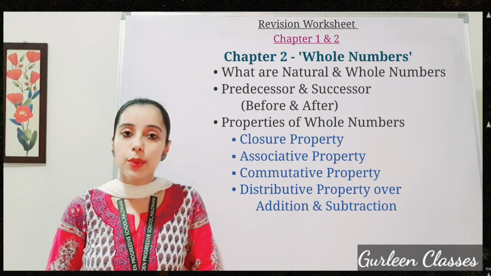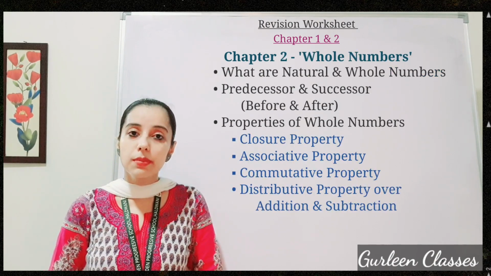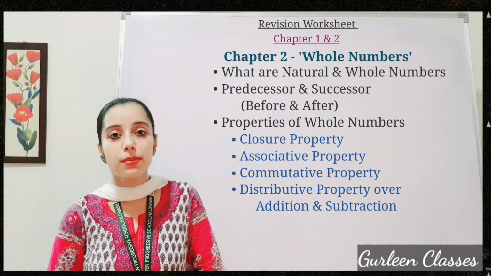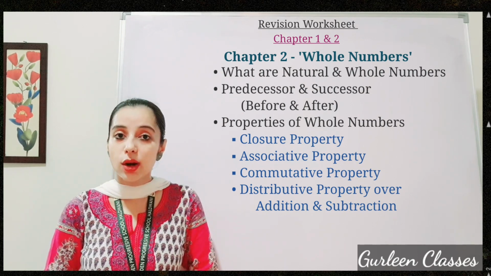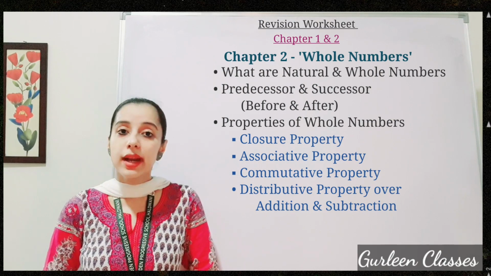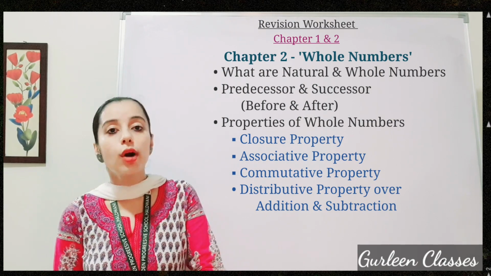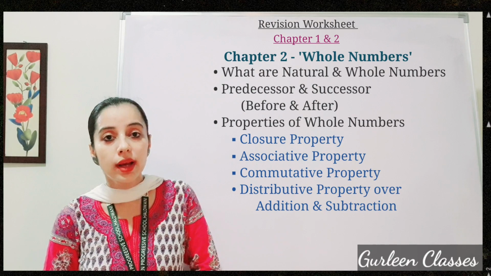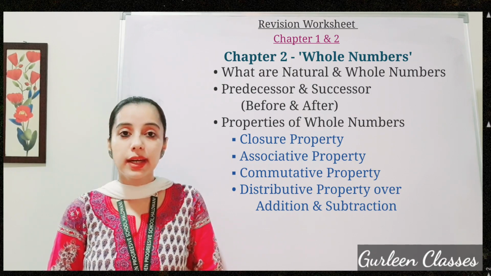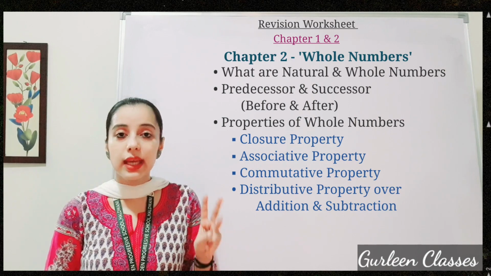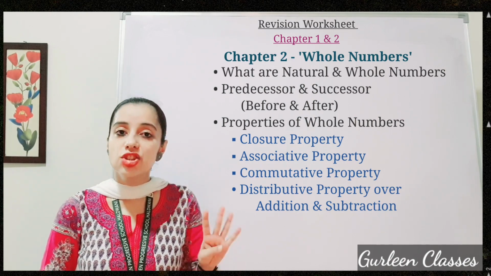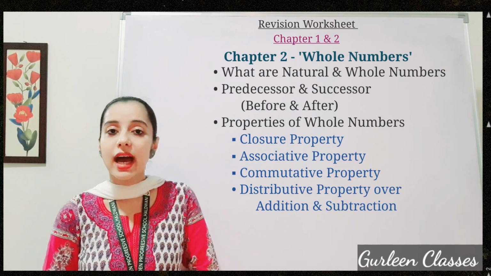Now chapter number 2 is whole numbers. In whole numbers we have studied about what are natural numbers, whole numbers. Few questions we discussed like write 3 consecutive whole numbers, predecessor, successor, what comes after, before, and we studied about 4 properties of whole numbers: closure property, associative property, commutative property and distributive property over addition and subtraction.